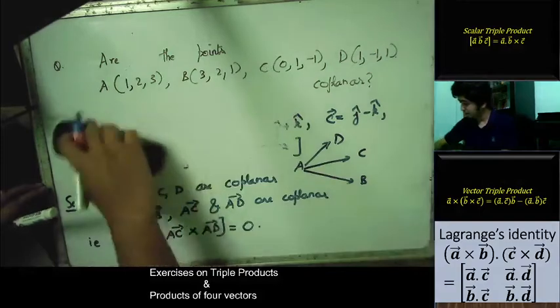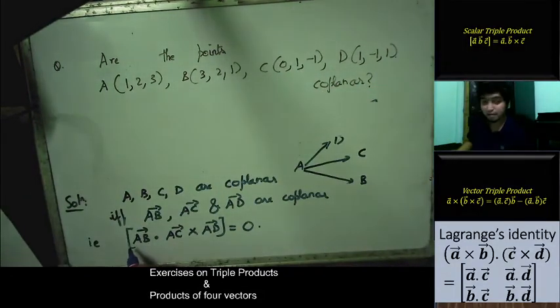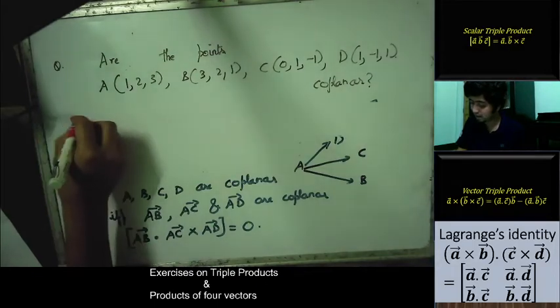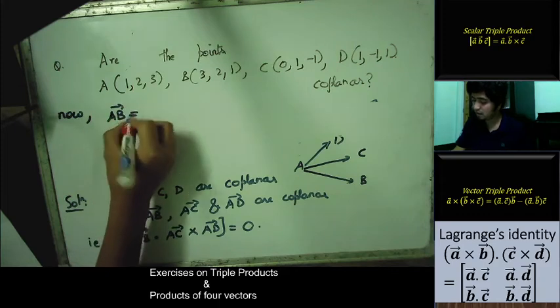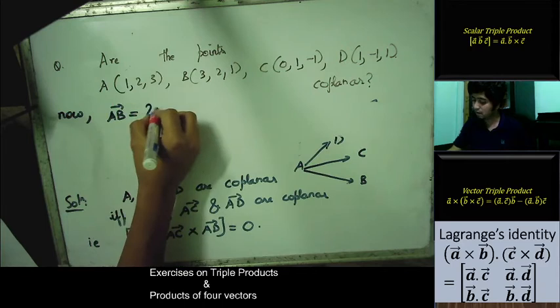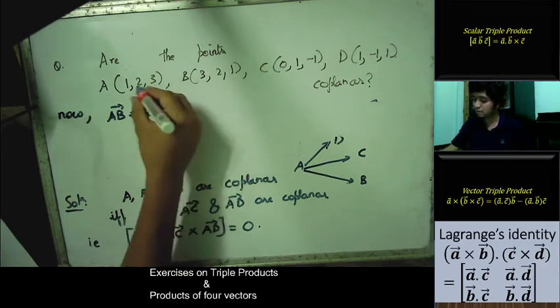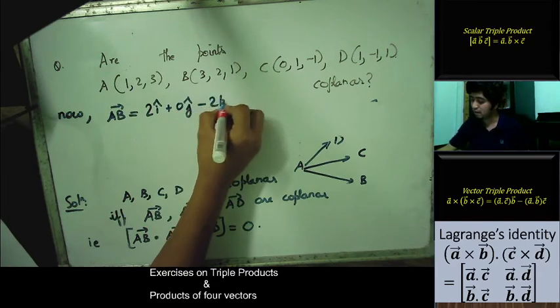So now let us just calculate AB bar. AB bar will be B minus A, so 3 minus 1 will be 2i, 2 minus 2 will be 0j, and minus 2k.